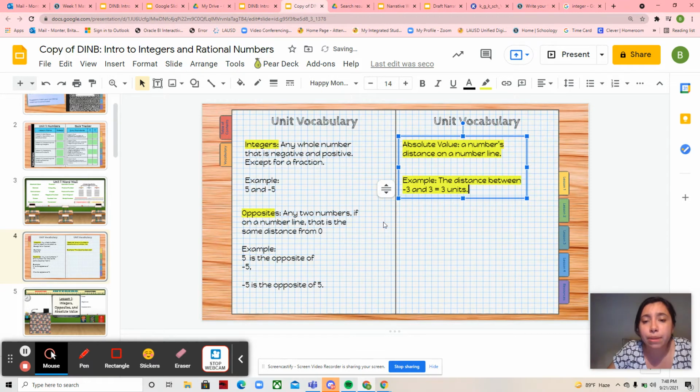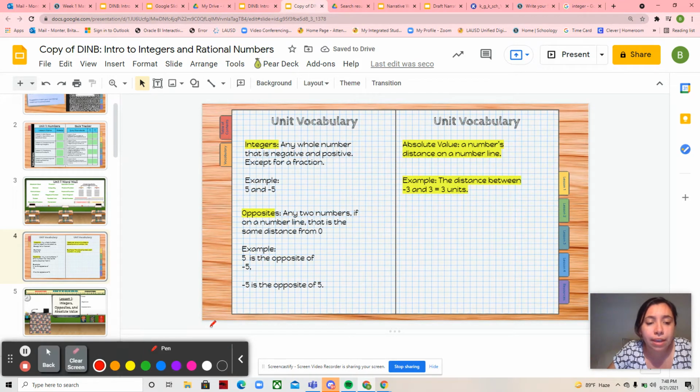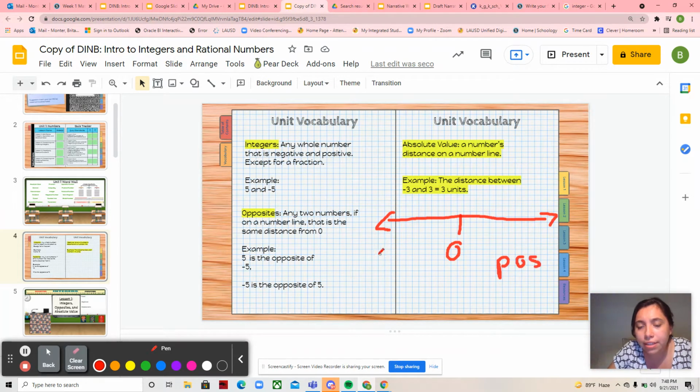Okay, so let me go ahead and draw that out, what that looks like. So if I'm drawing it out, this is 0 in the middle, this is the positive section, and this is the negative section. My absolute value, if I'm trying to find that, is that I have 1, 2, 3.